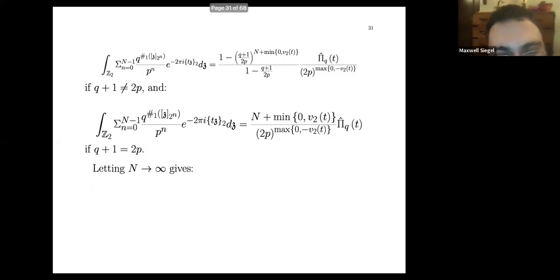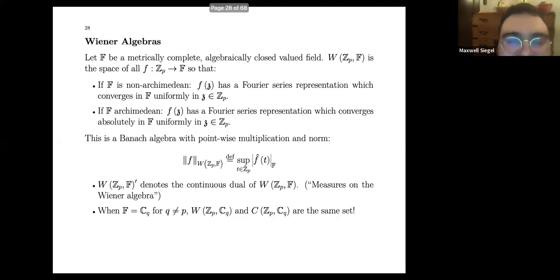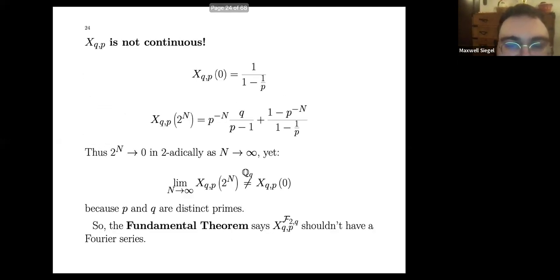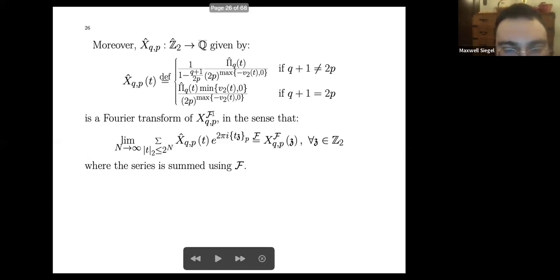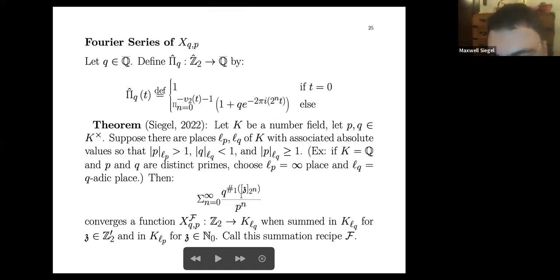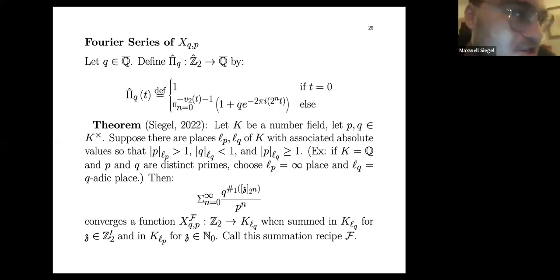So, in this theorem, X_{q,p} is quasi-integrable because this formula, when you sum it, the Fourier series it generates, the result will converge to this expression, provided you use a frame. A quasi-integrable function is a function that can be realized as a measure, such that the Fourier transform of the measure generates a series that sums to the original function, or formally, it's a function which is formally the Radon-Nikodym derivative of a measure.